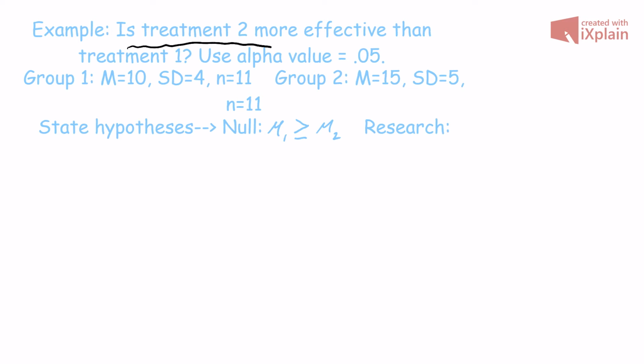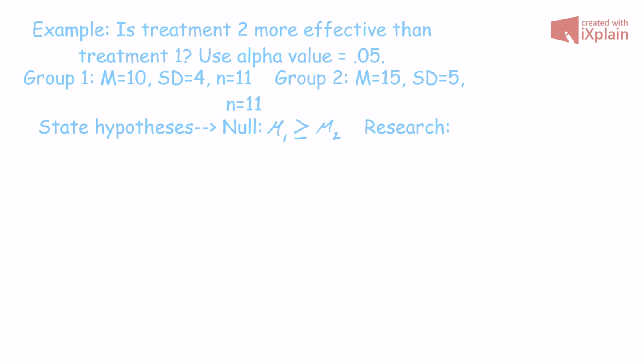Is treatment 2 more effective than treatment 1? Since I'm saying I'm only interested if treatment 2 is more effective, then this is a one-tailed test. I didn't ask, are the two treatments different or are they the same, which would be a two-tailed test. This is a one-tailed test.